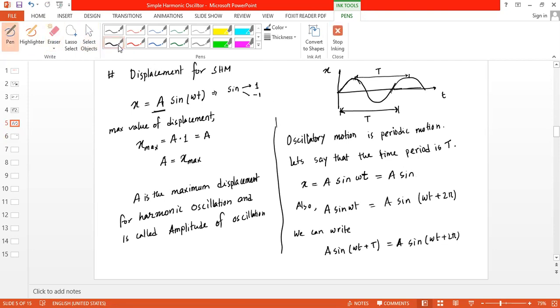When I'm writing it here, it should be omega times t plus capital T, because the time here is, if this is my time small t, this time would be t plus capital T, and omega is multiplied with the time.